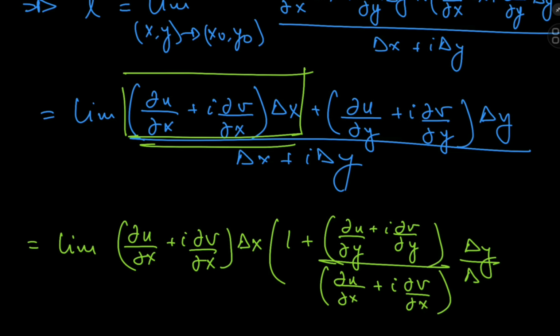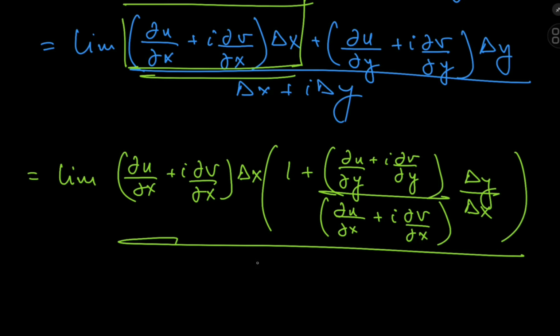So that means we can write this as del y by del x. We have these huge braces, and we're dividing all of this, remember, by del x plus i times del y, and I'd like to factor out a del x term from here as well. Okay, sure, why not? And the del x terms cancel out quite nicely.